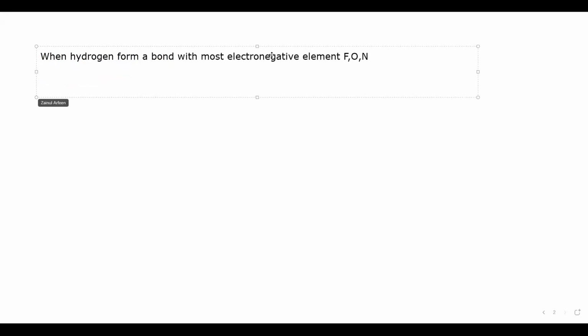So when hydrogen is forming a bond with more electronegative elements such as fluorine, oxygen, and nitrogen, we call that a hydrogen bond. Why specifically hydrogen bond?